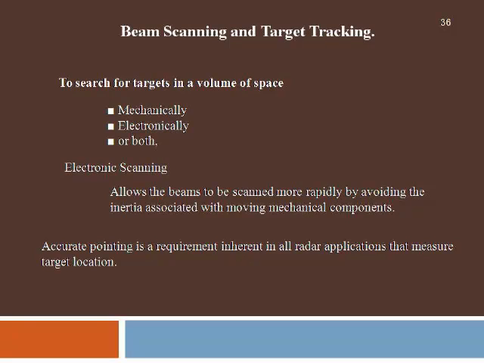The inertia plays a very important role between these two types. In electronic scanning, as the antenna is not moved at all and only the beam is moved by electronic means, there is no inertia. Hence, the beam can be moved at very high speed. Accurate pointing is a requirement inherent in all radar applications that measure target location.